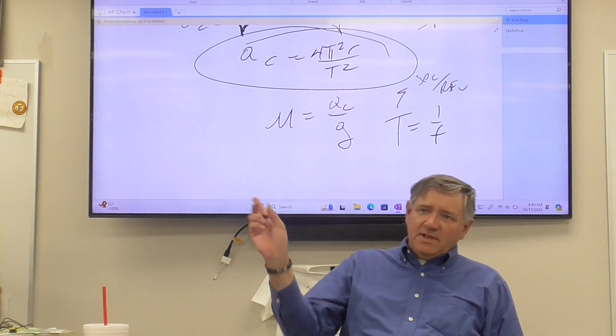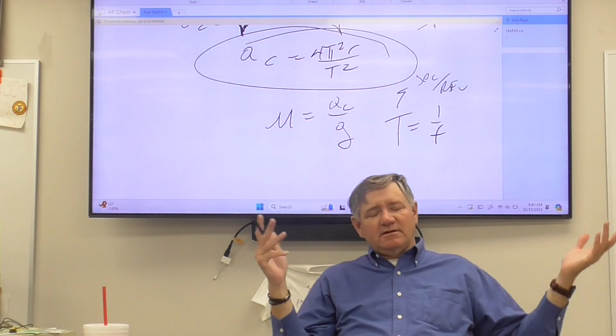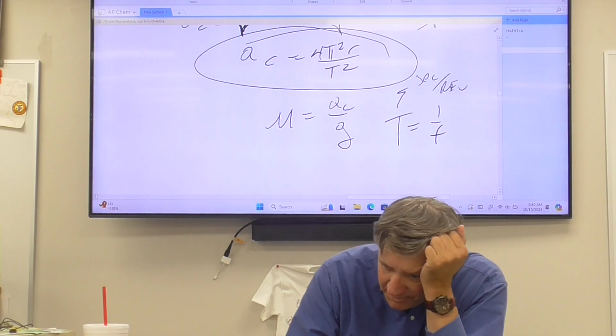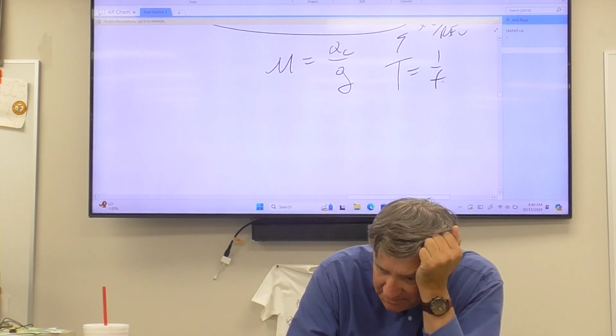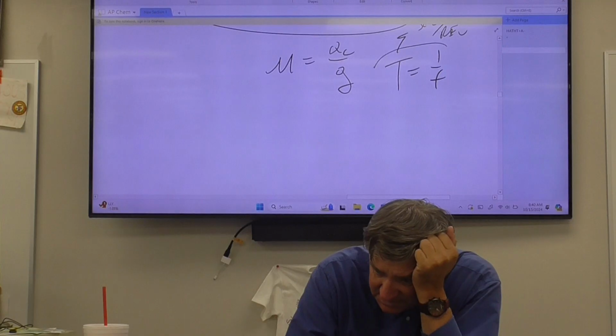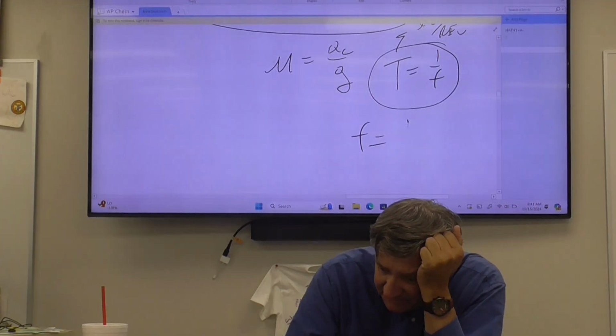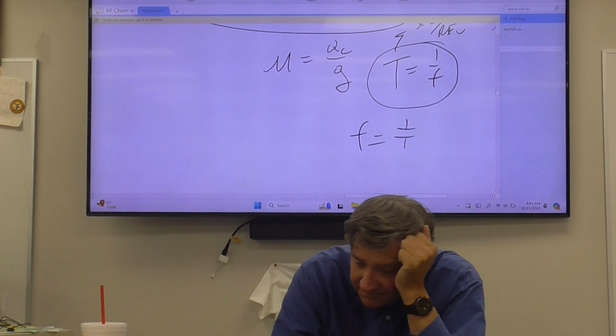Like in the lab, you're going to measure how long it takes to move one revolution. Notice that these are inverses of each other. If I solve for frequency, I get 1 over T.